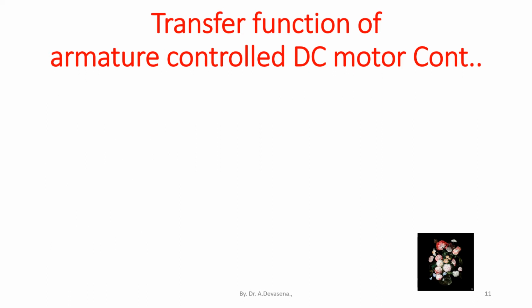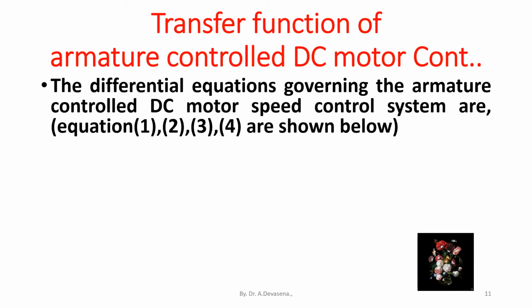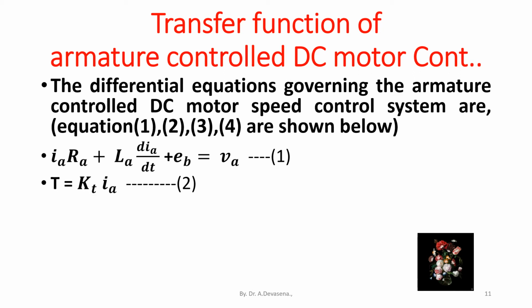The differential equations governing the armature controlled DC motor speed control system are: I_A R_A plus L_A di_A by dt plus E_B is equal to V_A. This is our equation 1.